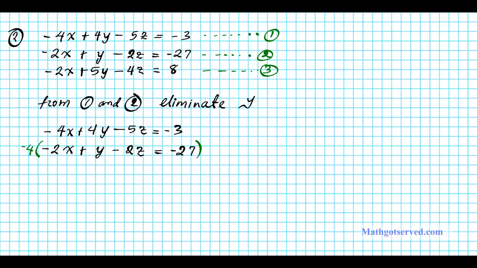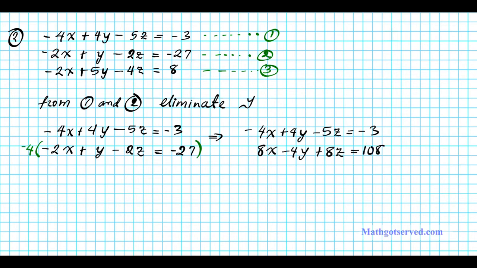So that's going to yield, the first equation stays the same, negative 4x plus 4y minus 5z equals negative 3. And the second equation becomes 8x minus 4y plus 8z equals positive 108.